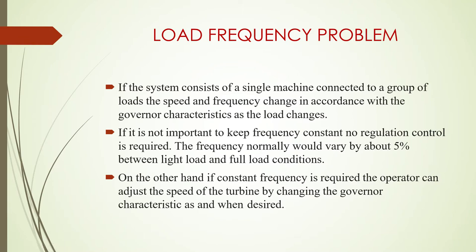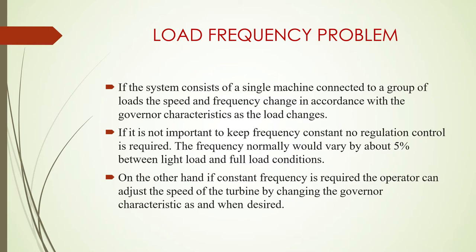So why are we regulating the speed? To keep the frequency constant. 50 hertz is the frequency which we have to maintain, and we keep that frequency constant by controlling the speed, or by regulation.